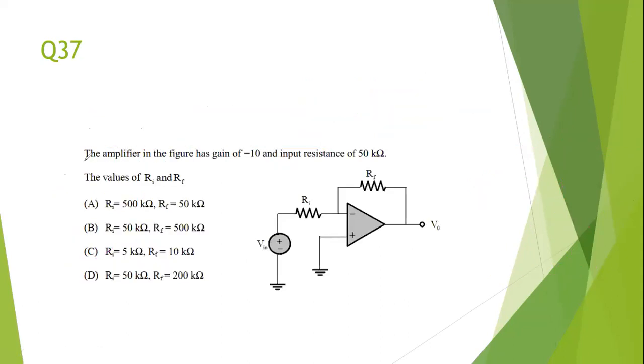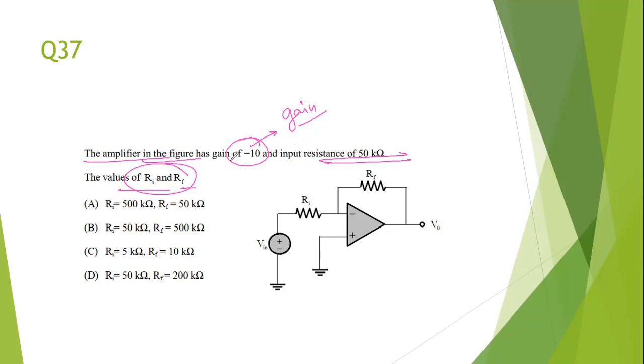The next question is: the amplifier shown in the figure has gain equal to minus 10, and input resistance is 50 kilo ohm. Then what are the values of Ri and Rf? So here you have gain equal to minus 10 and input resistance equal to 50 kilo ohm. How can you find the value of Ri and Rf?